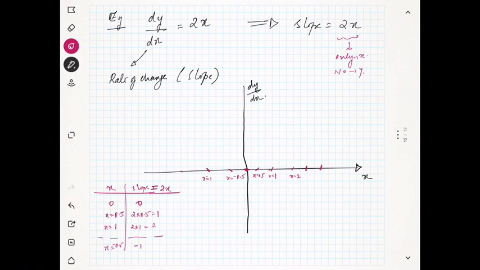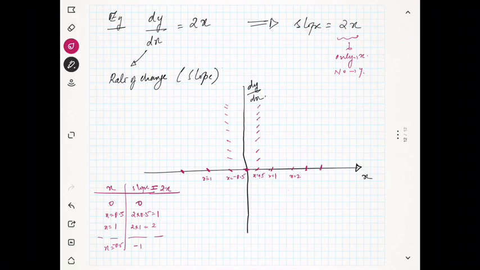And this is irrespective of y, right? So when you draw all the points, suppose if you consider a point for all x is equal to 0.5, you have the slope here like this. The slope will be same for any y, because there is no y in the equation, right? And also this one will be same, like this, right?